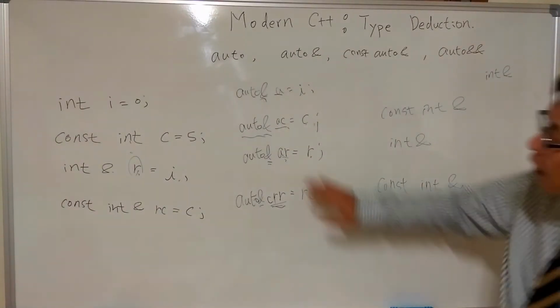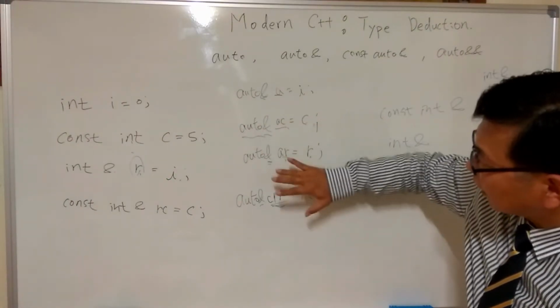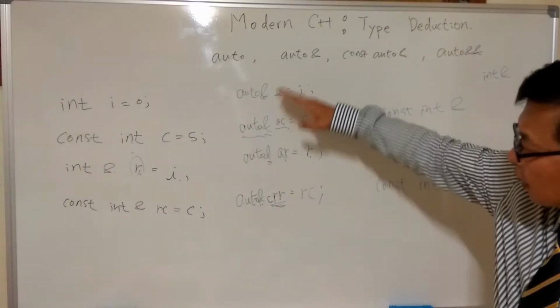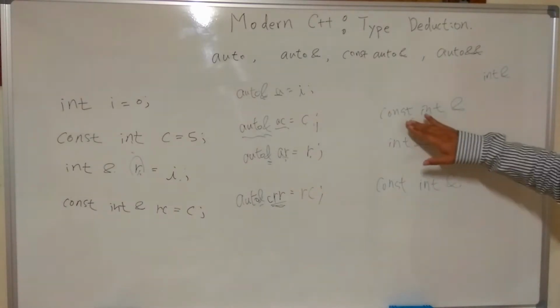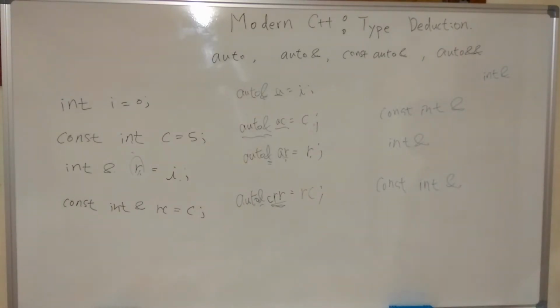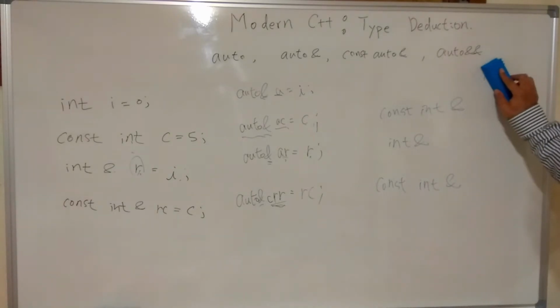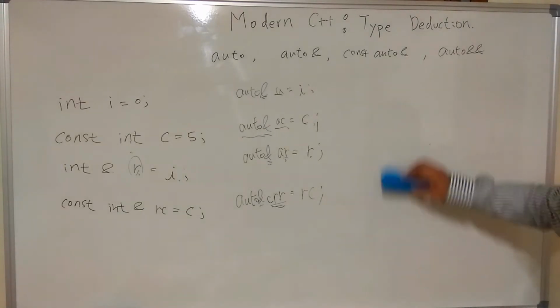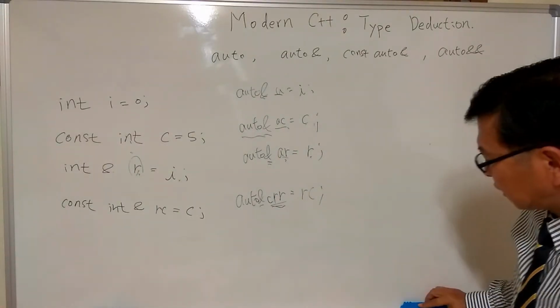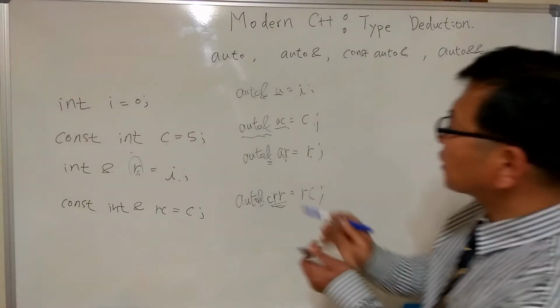So when you declare with reference like this, its reference is preserved, and also constant is preserved. You have to understand this. So we explained this. Now let's try constant.